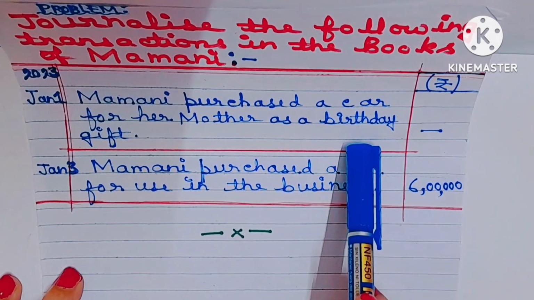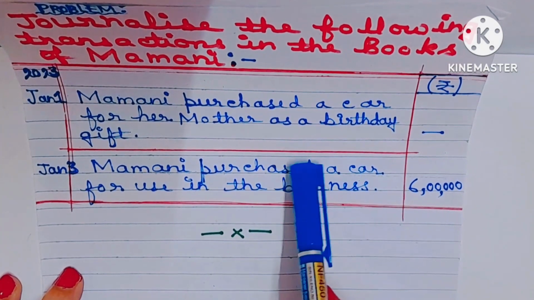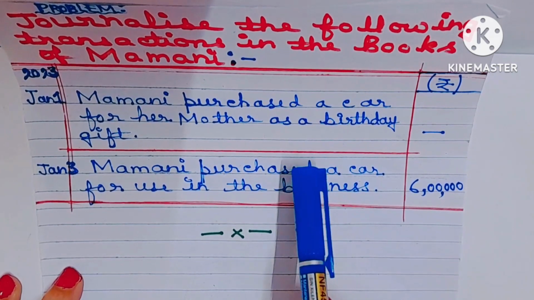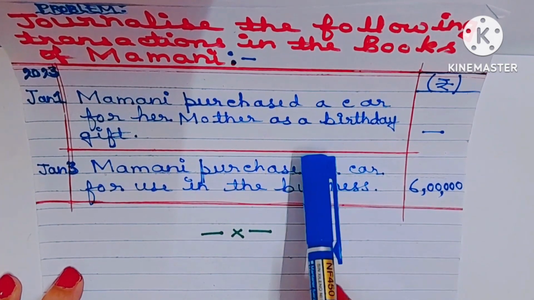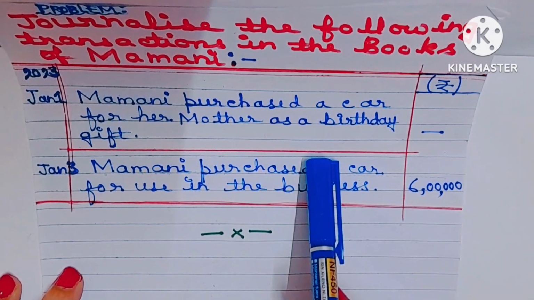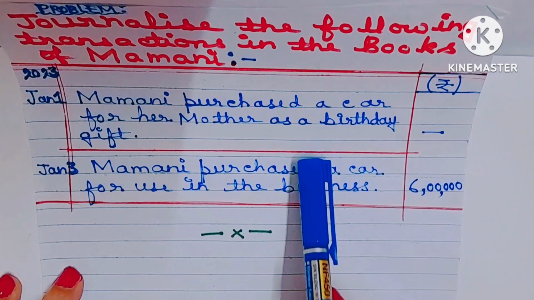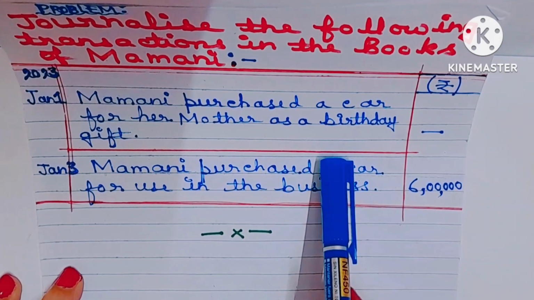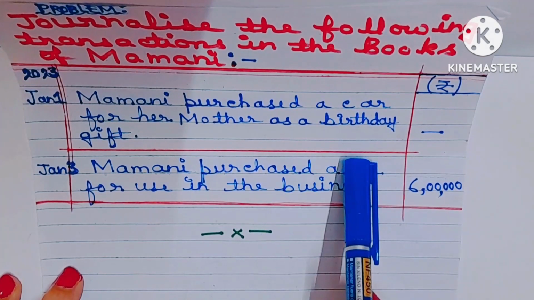Why? Non-economic events cannot be measured in terms of money. Economic events can be measured in terms of money. And please remember, economic events are known as transactions because economic events can be measured in terms of money, but non-economic events cannot be measured in terms of money.